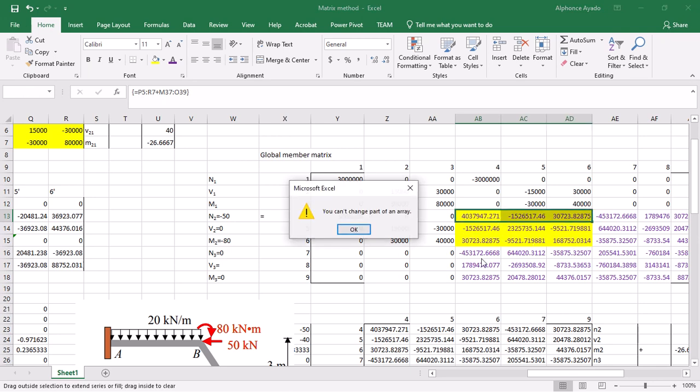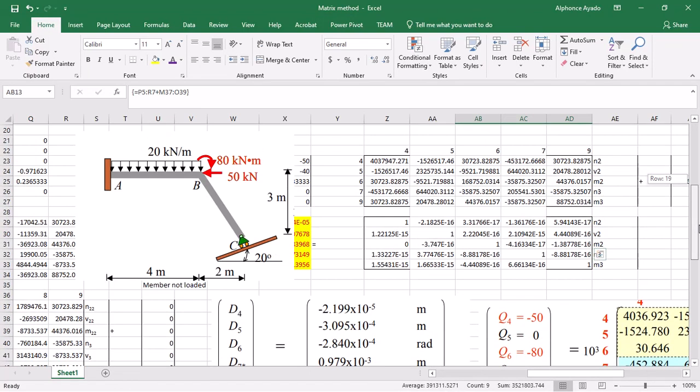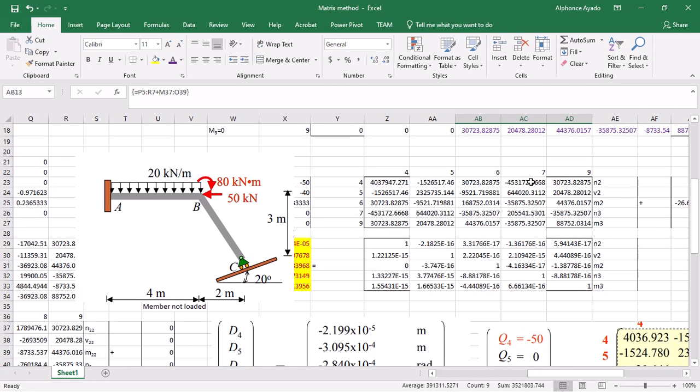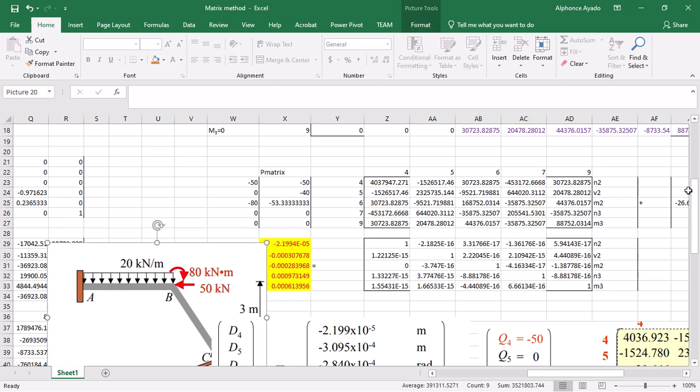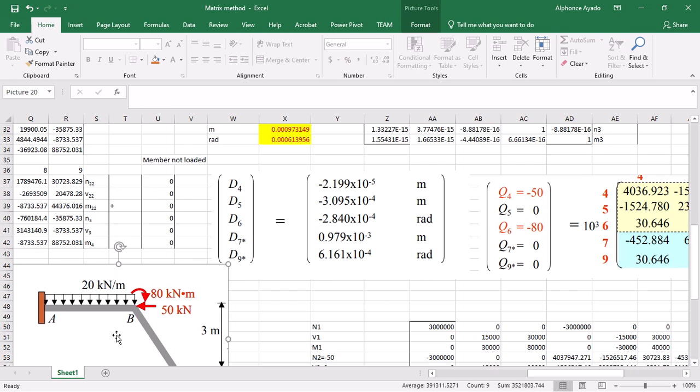You can literally copy this part, 4, 5, 6, 7, and 9, and then copy the, okay, whichever way you copy, I think that's up to you, but the most important thing is you understand the concept.